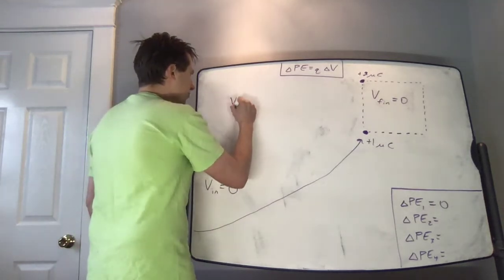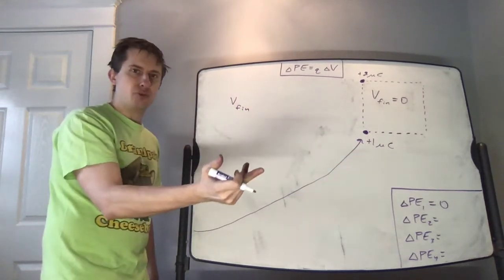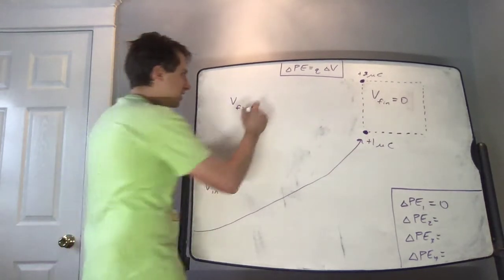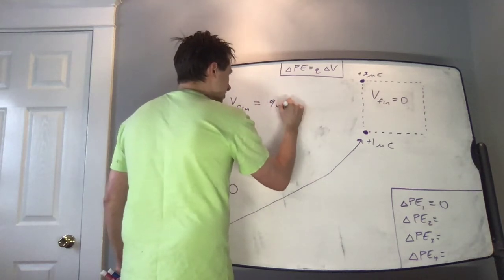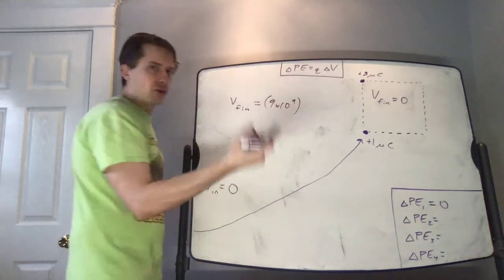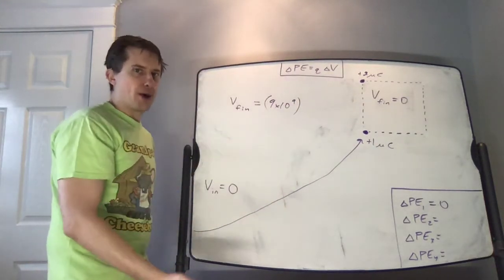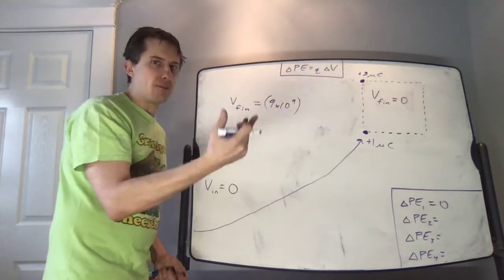I would say V final at the final location of the +1 microcoulomb point charge is going to be equal to Coulomb's constant k, 9 times 10 to the 9, times the charge of the +2 microcoulomb point charge. Because remember, when we calculate V, V is created by the charges we are not moving.